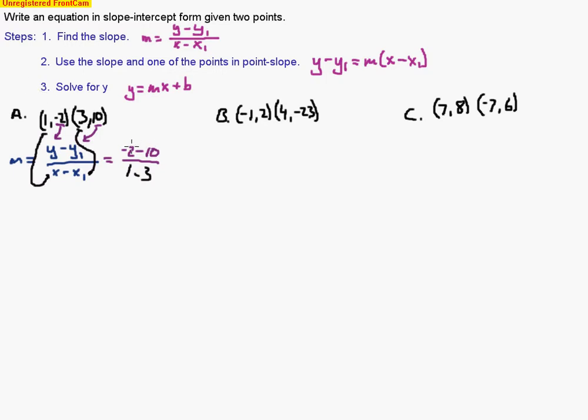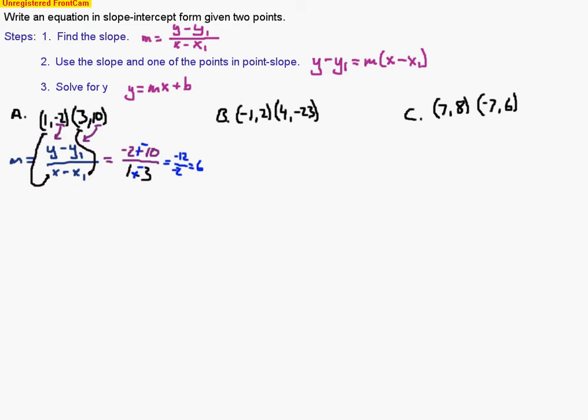So -2 minus 10, same thing as -2 plus -10. Same thing here: minus +3 is the same thing as plus -3. So when I do the work, I end up with -12 over -2, which, if I simplify, just equals 6. So now I know the slope is 6.